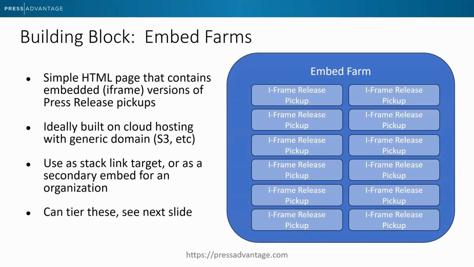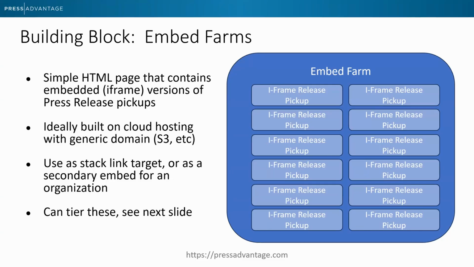Then you'd use this as a stack link target or as a secondary embed. This works especially well for a secondary embed. And then you can also tier them. So at its core, you take this HTML page, and just like how we did with Google Sheets before, where we dropped every single link into the sheet, here we're just going to iframe every single pickup.